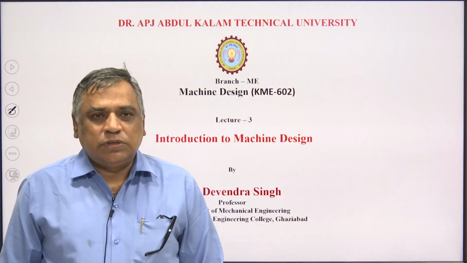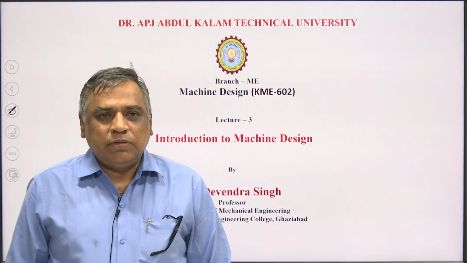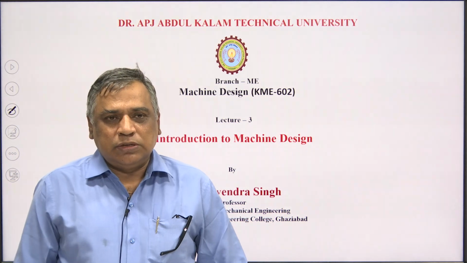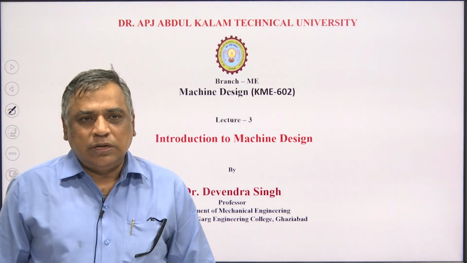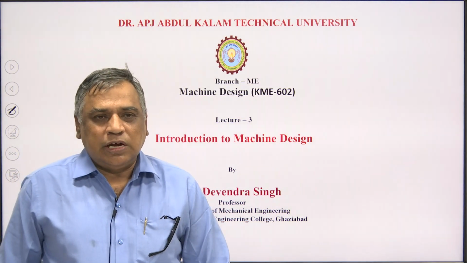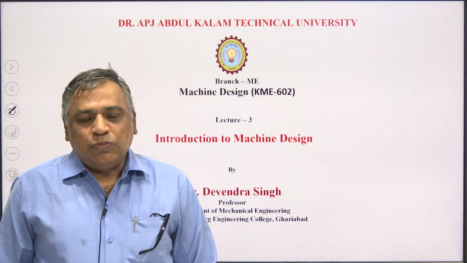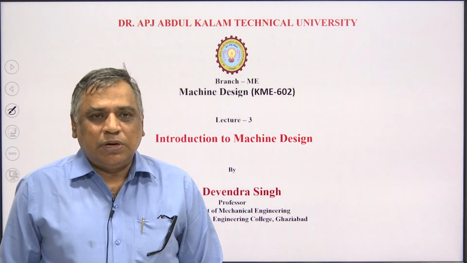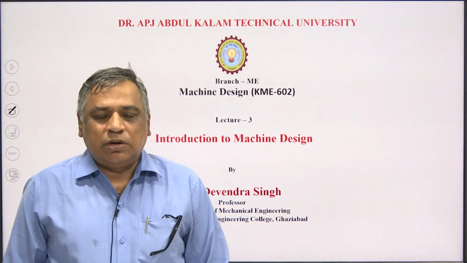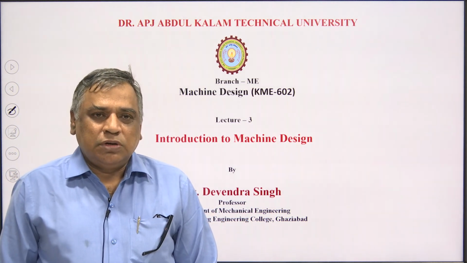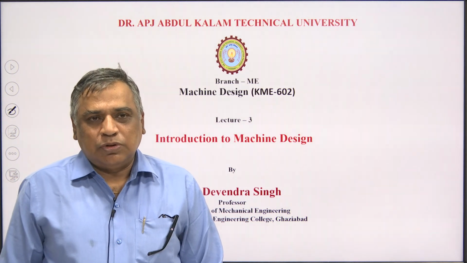Until now we have discussed the basic definitions related to machine design. We started from engineering design, what is engineering, what is engineering design, and then we moved to mechanical engineering design, machine design, and various related definitions like empirical design, rational and combined design, etc. Then we also covered the design cycle and design procedure.